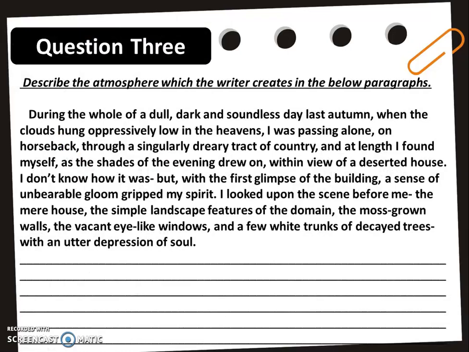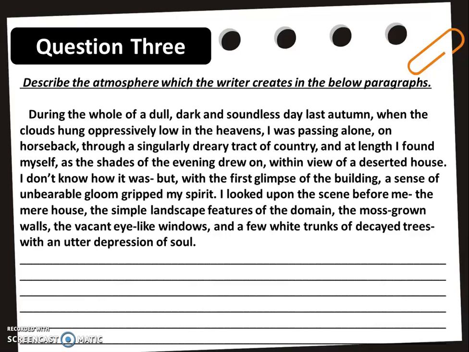Now it's your turn. Take a look at the following paragraph, read it, underline dull, dark, soundless, underline any image that you have, anything addressing your sight, your hearing, the smelling, addressing any of the senses. Underline any detail that you feel is creating a certain feeling in you.